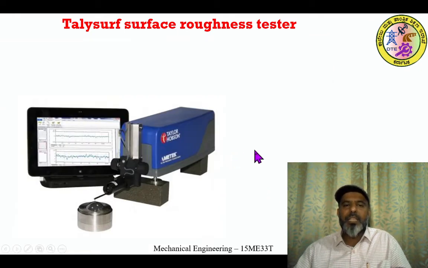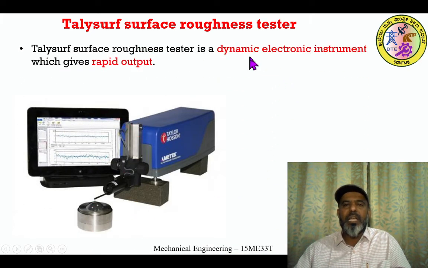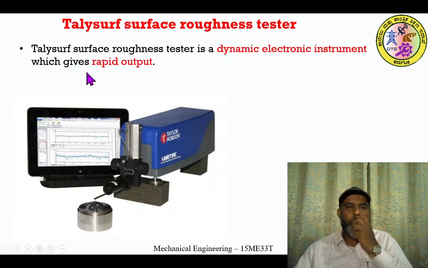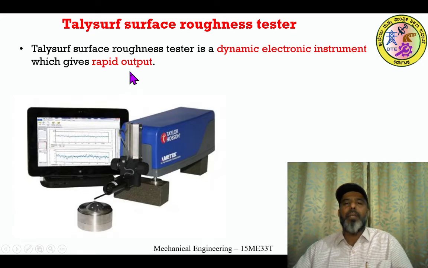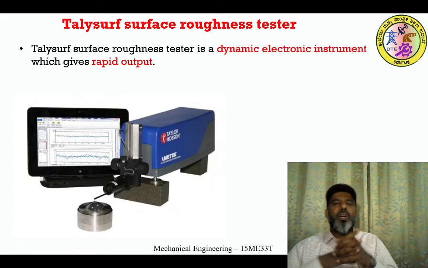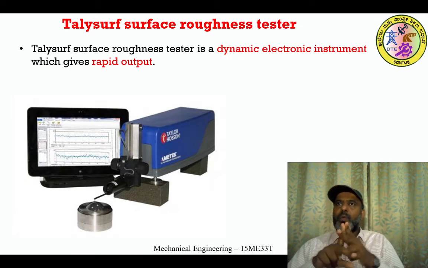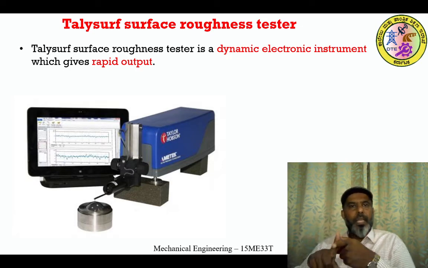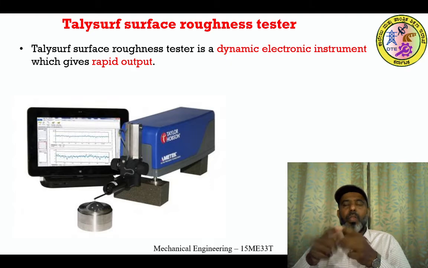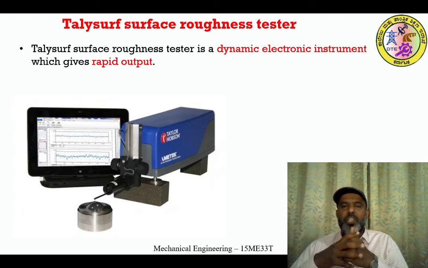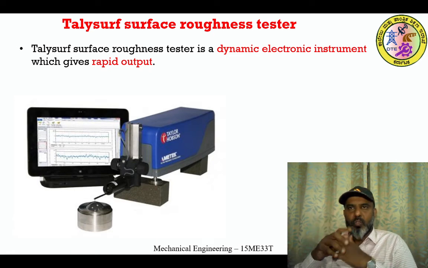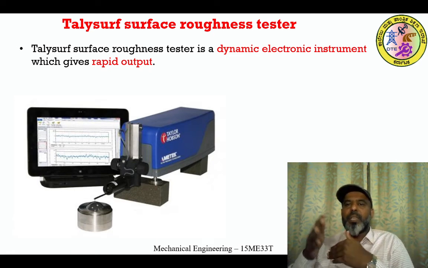This Talysurf surface roughness tester is a dynamic electronic instrument which gives rapid output. Here the word dynamic is related with static. In static, if you take the readings on the machine in the rest condition, then we call it a static instrument. But this Talysurf surface roughness tester is a dynamic electronic instrument.